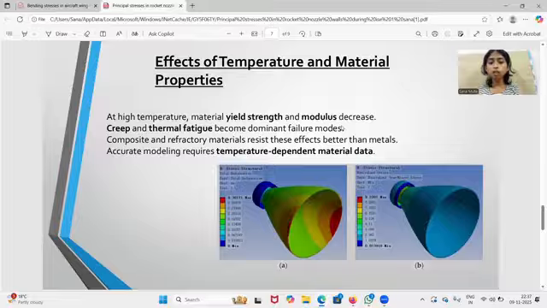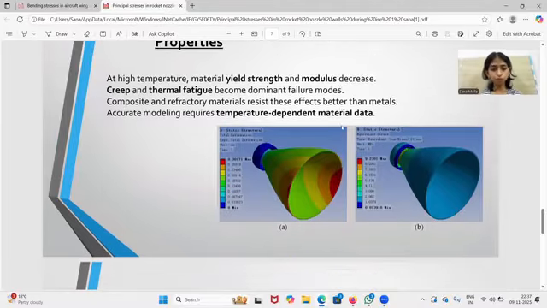Composite and refractory materials resist these effects better than metals, so they are much preferred for the construction of the nozzle. Accurate modeling requires temperature dependent material data, as we can see in the figure.